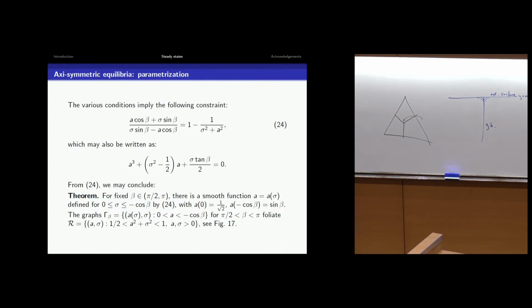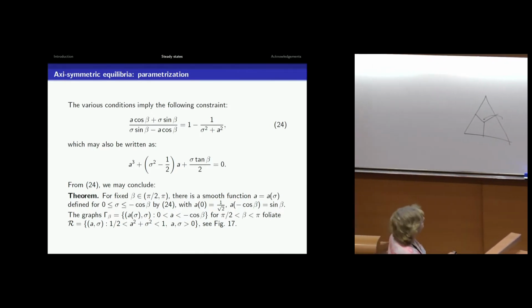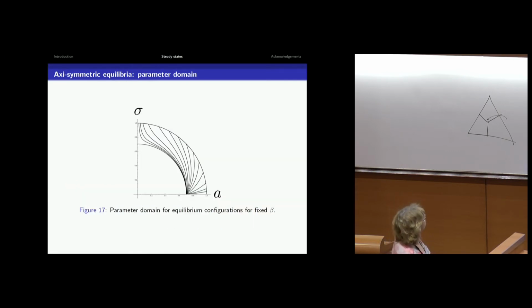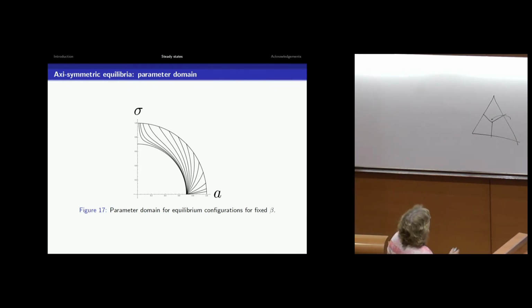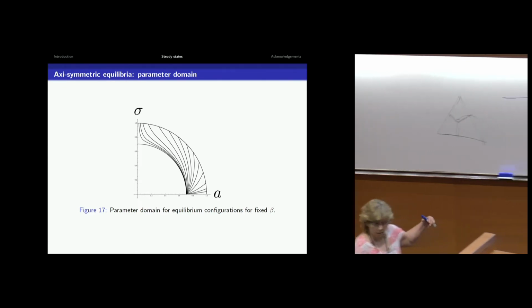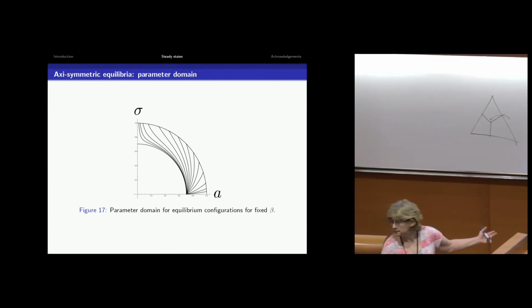And if you don't see what that region is, then we see it in figure 7, which is the next slide but one before the end. Okay? Those are all the steady states you can get. So there's this foliation of this parameter domain of possible steady states. Every line corresponds to a different beta.